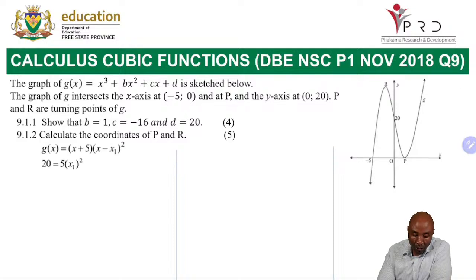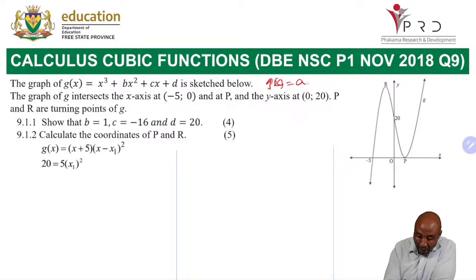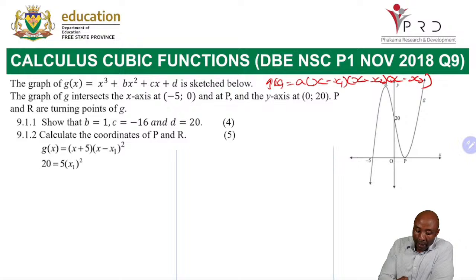So our steps will be as follows. We know that, just like our parabola, our g of x can be given as a(x minus x1)(x minus x2)(x minus x3), if we are given the intercepts. You see that we have a repeated root, which means P is both a turning point as well as the x-intercept. So we call that one x1, and we substitute -5, and our equation becomes that.